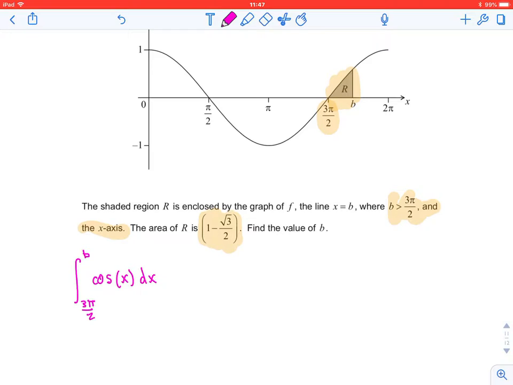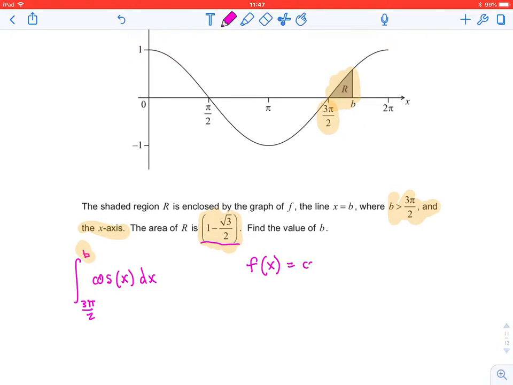So we don't know what b is, but we can actually evaluate this integral with b as the upper limit and then set that equal to what we know the area to be, and that is 1 minus the square root of 3 over 2. So this is where we first start by thinking about antiderivatives.